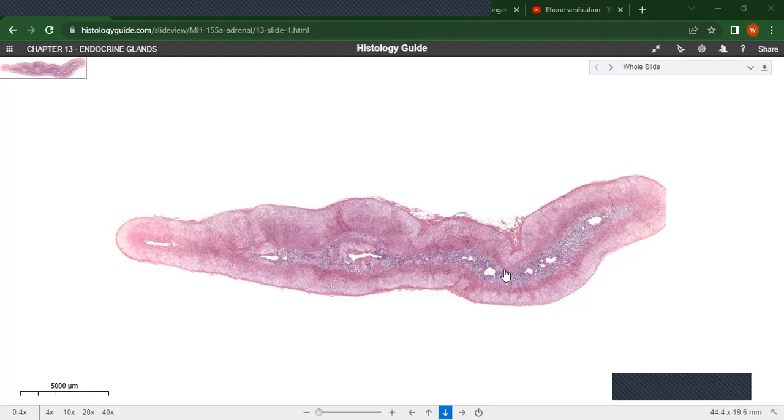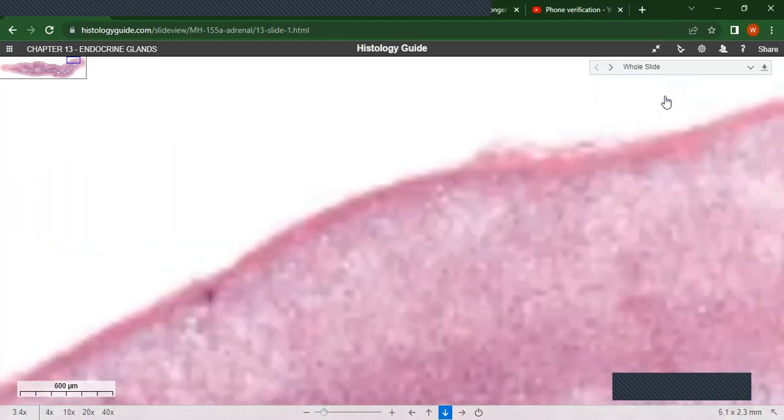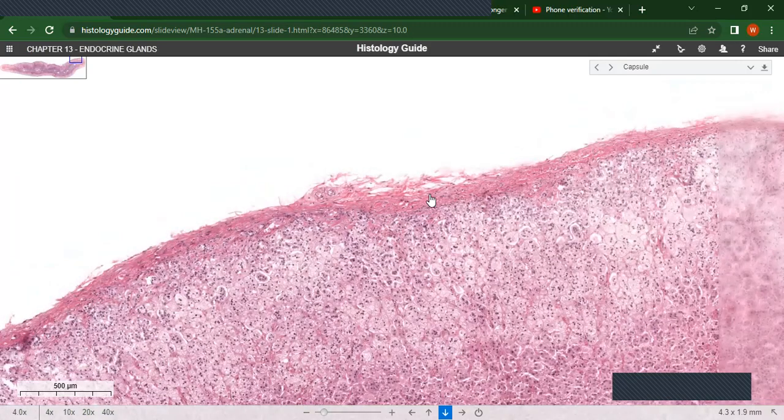Then the cortex, which will be our main focus today, has three ill-defined zones. So let's look at the cortex at a higher magnification. So this is the capsule, as you can see it.